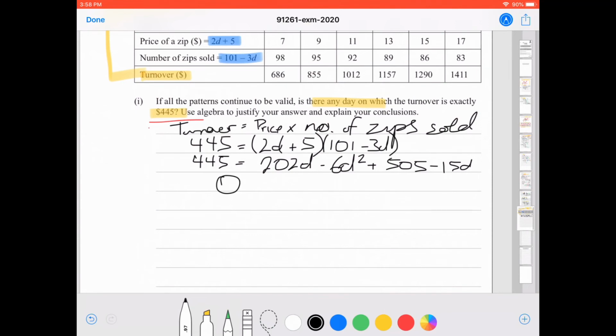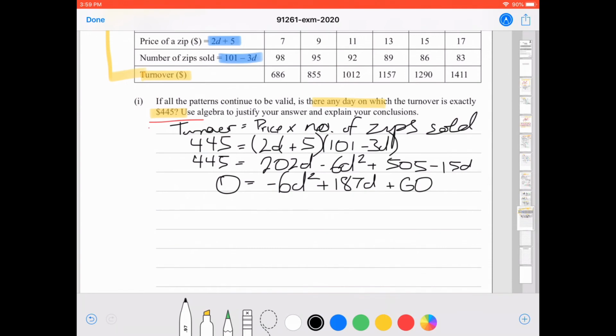So let's say 0 equals minus 6D squared, 202D minus 15D is 187D. And 505 minus 445 is 60 here, so positive 60.